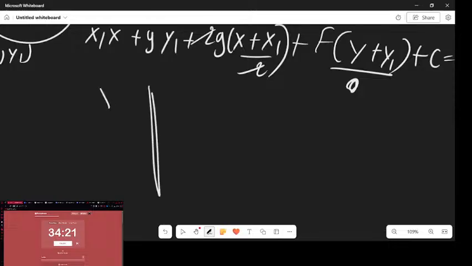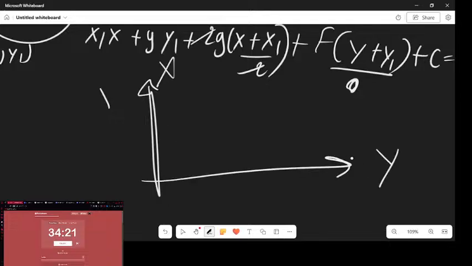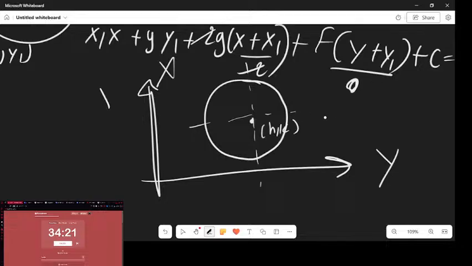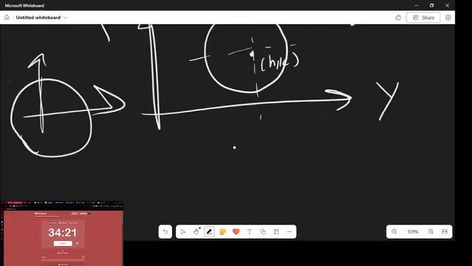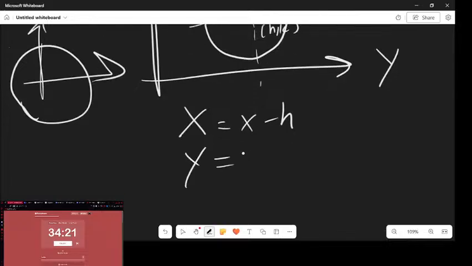If this is the x-axis and this is the y-axis, and this is the circle with center h comma k, and you want to make this the origin and convert it into the standard form, we need to use the transformation of a circle, where capital X is equal to x minus h and capital Y is equal to y minus k.